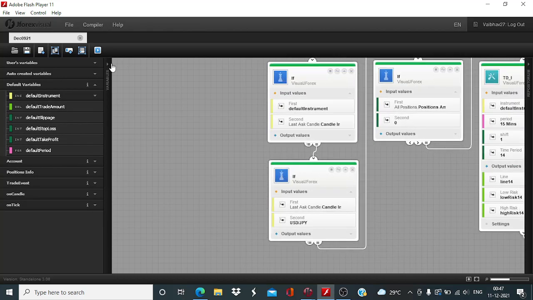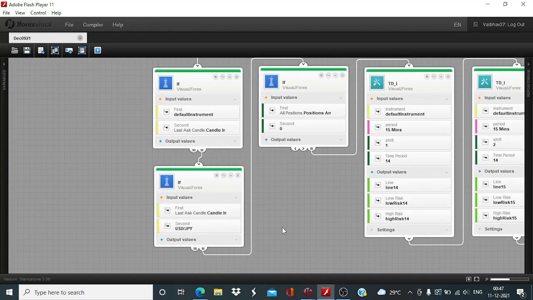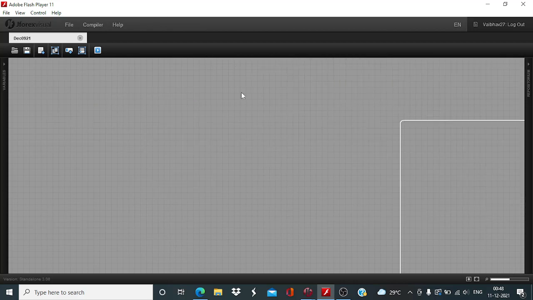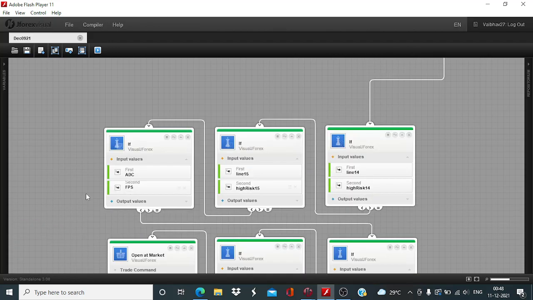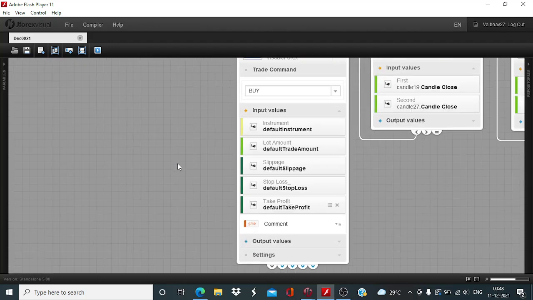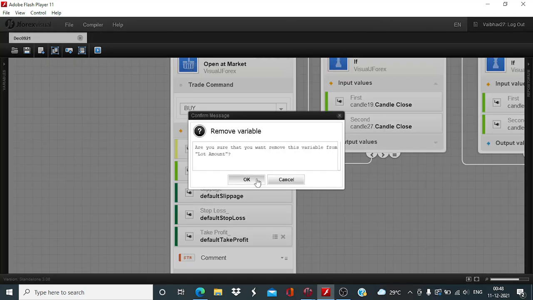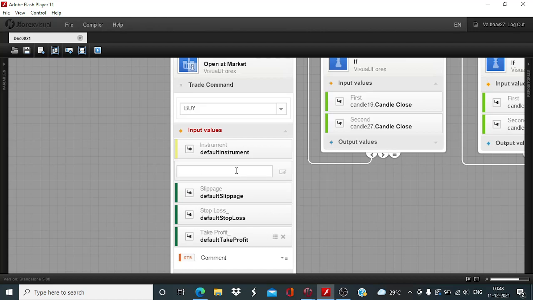Okay, all right. Then coming to the input values, this is the buy trade side. Trade amount I will change to 0.1 million. Slippage for USD JPY is 2 pips, good enough.